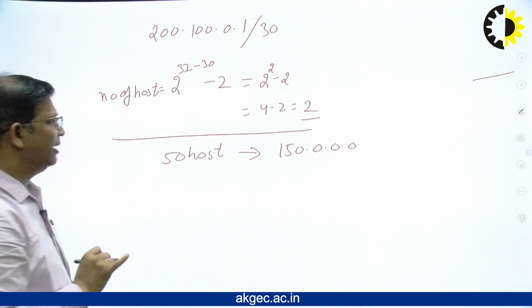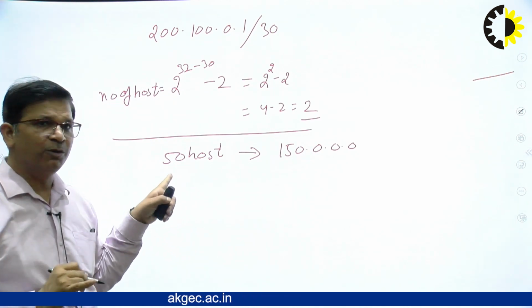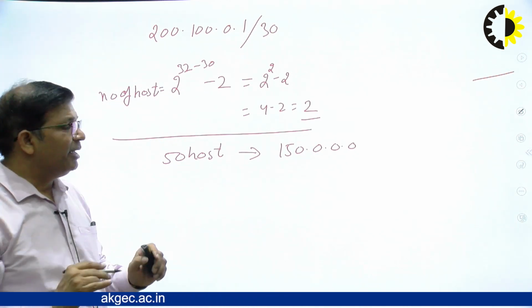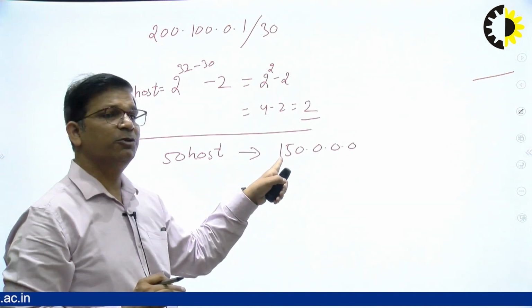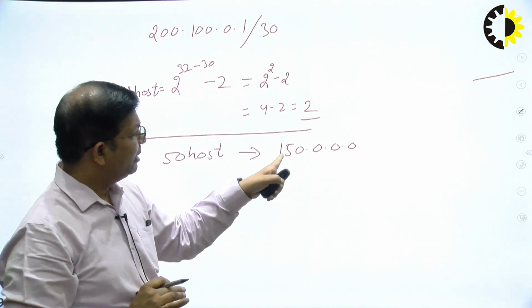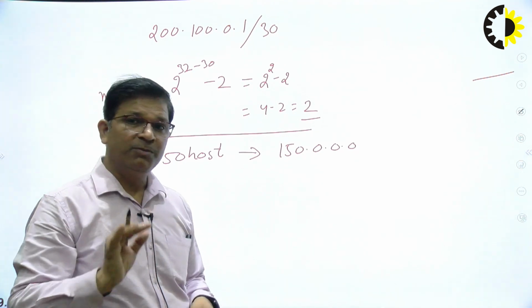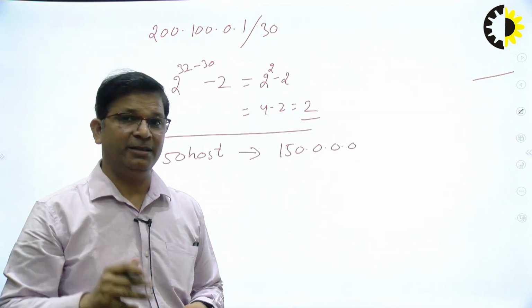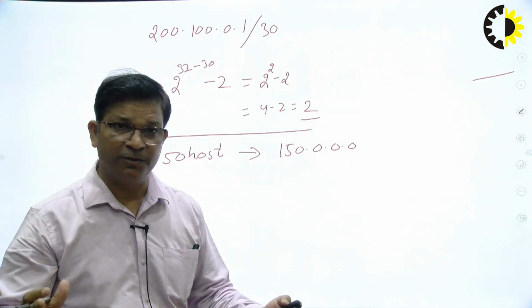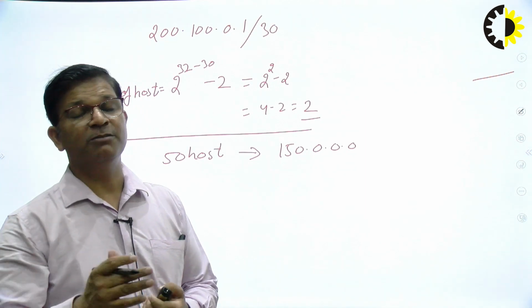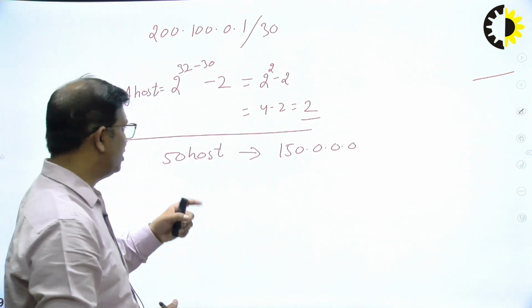This is the range, and we have to keep only 50 hosts. This IP address belongs to class B. In class B, 2 to the power 16 hosts can exist in a network, a huge number of hosts. But we have to keep only 50 hosts.